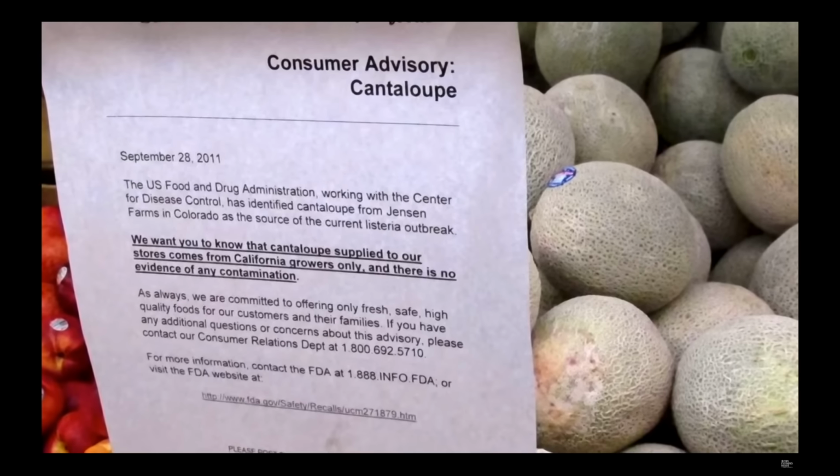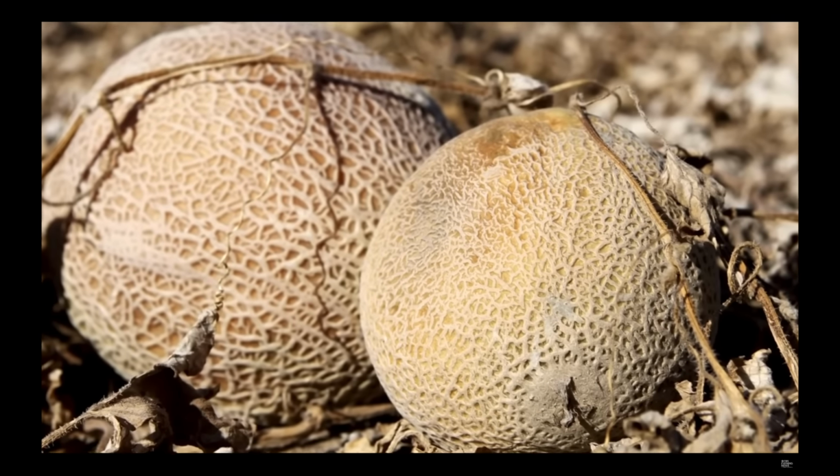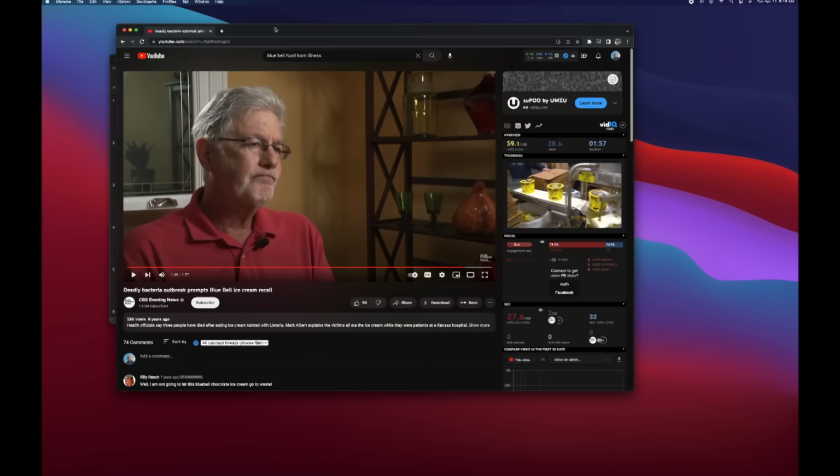The largest nationwide listeria outbreak was in 2011 when 33 people died from tainted cantaloupe. It was just tragic. I still think about him. Paul Schwarz's father, Paul, a World War II veteran, was one of them. We shouldn't have to take a bite of cantaloupe or ice cream and possibly get sick and die. It's just unconscionable that this happens.